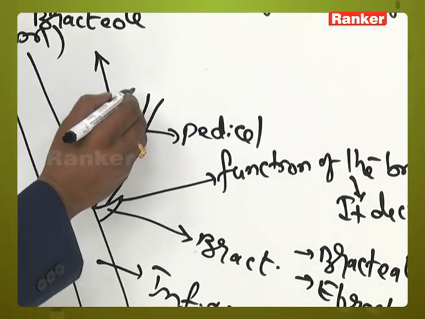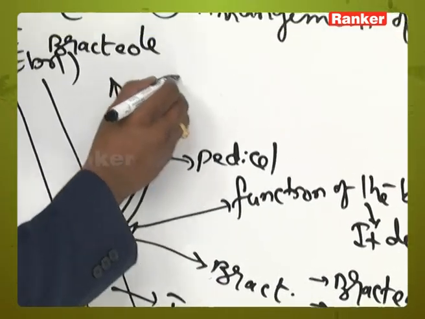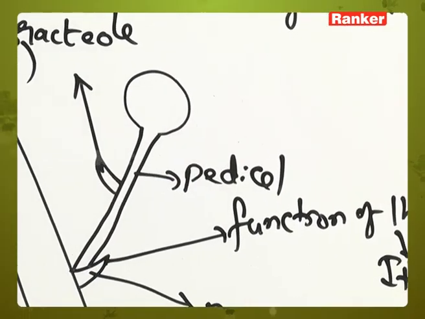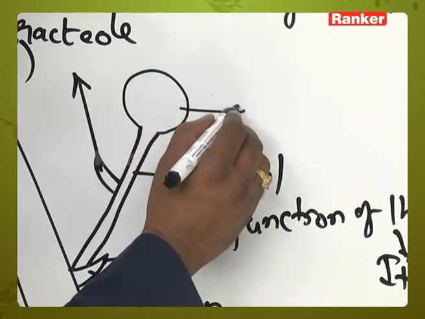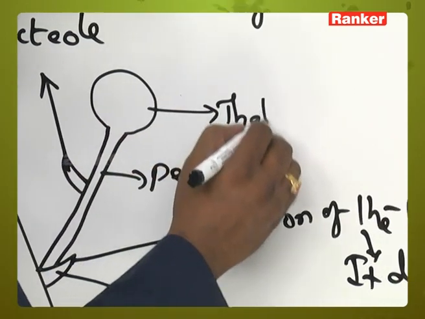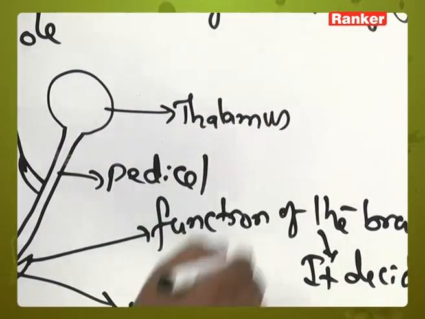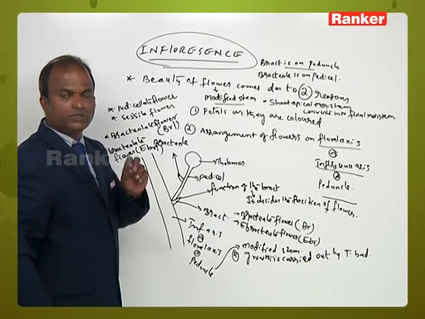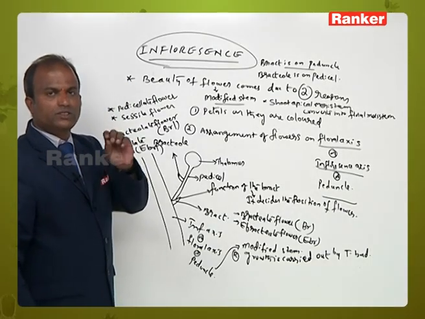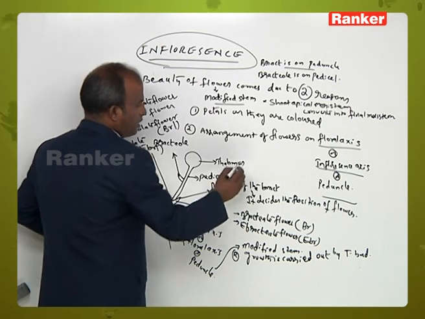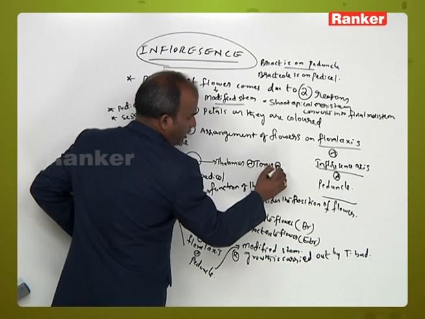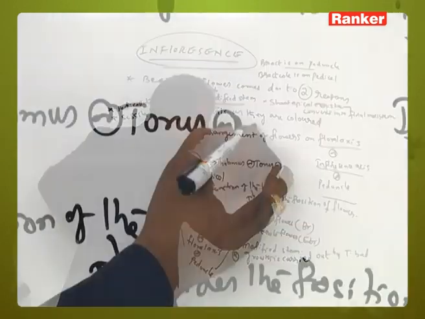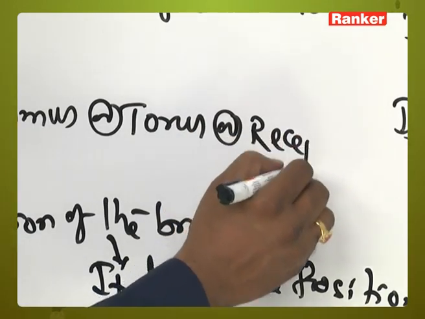Now, apical portion of the pedicel is condensed into thalamus, or called torus, or called receptacle.